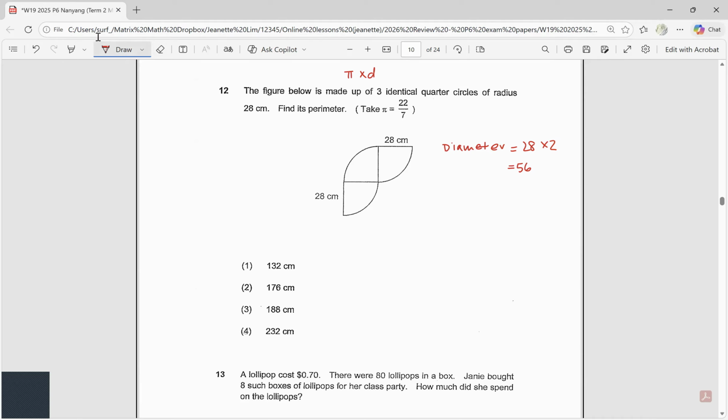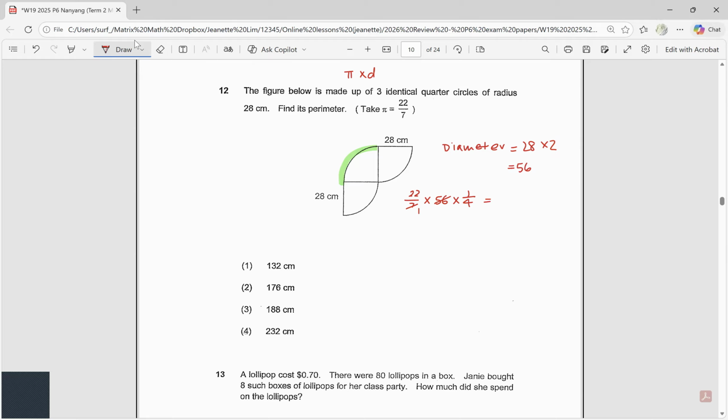Then let's find one arc of a quadrant. So let's say we're looking for this one here. So 22 over 7 times diameter, which is 56, times 1/4. Okay, let's simplify. 7 and 56.